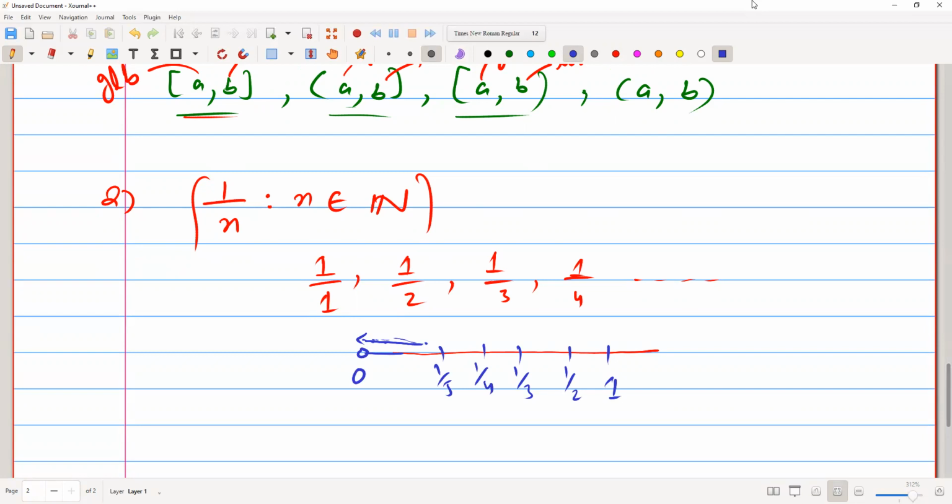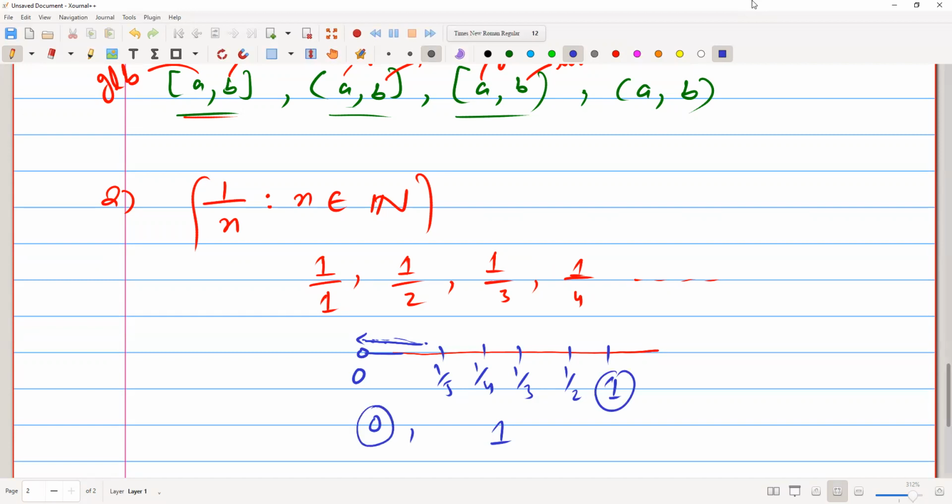So this set is bounded, because we have the lower bound that is 0 and the upper bound that is 1, because the maximum element of this set is 1 and the least element is 0.